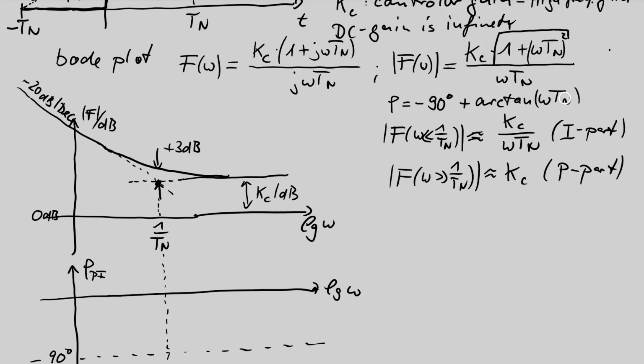If omega is 1 over Tn, this is 1, arctangent 1 is plus 45 degrees, minus 90 gives minus 45 degrees. For low frequencies, this is minus 90. For high frequencies, this approaches the 0 degree value.